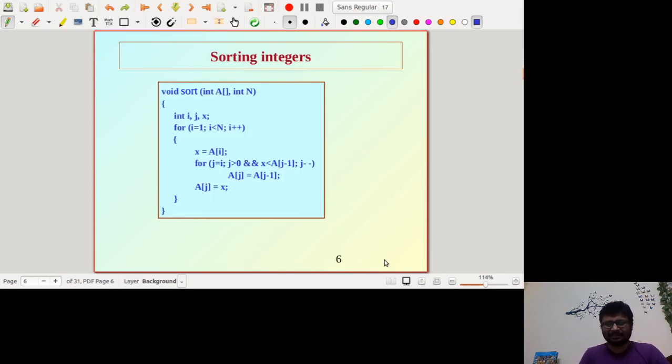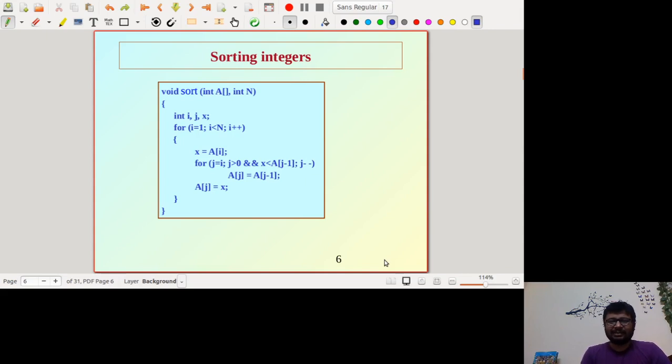Let's take an example. This is a very basic sorting problem. This C function sort takes in an array and an integer, which denotes the size of the array, as arguments, and it sorts the array. What does it do?